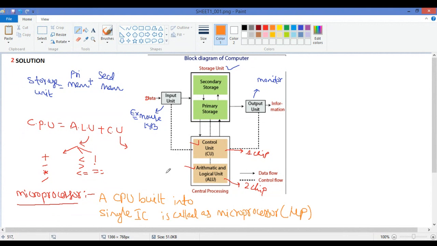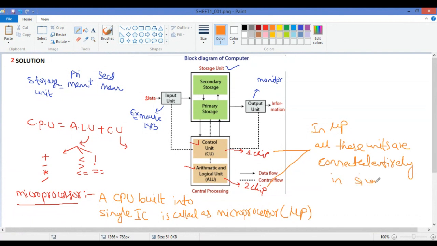All these units, the control unit and the arithmetic and logic unit, are connected entirely in a single unit, or single chip, in a microprocessor.